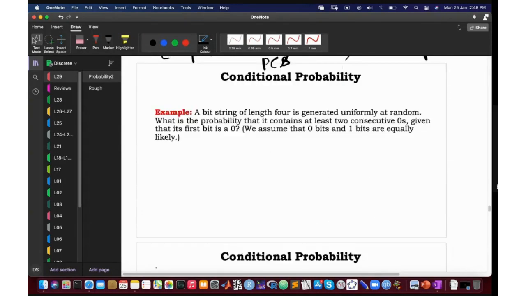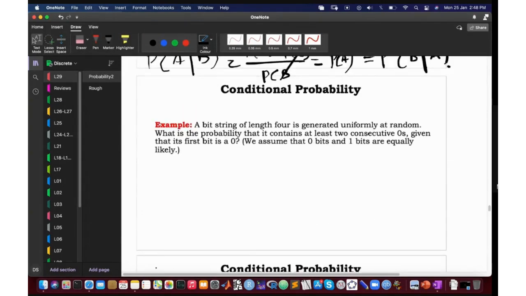Here's an example. You have a bit string of length 4 generated uniformly. What is the probability that it contains at least 2 consecutive zeros, given that its first bit is 0?